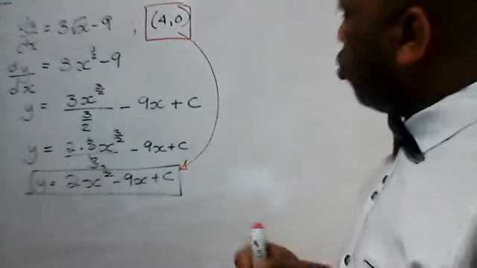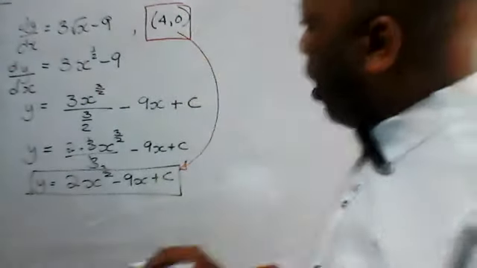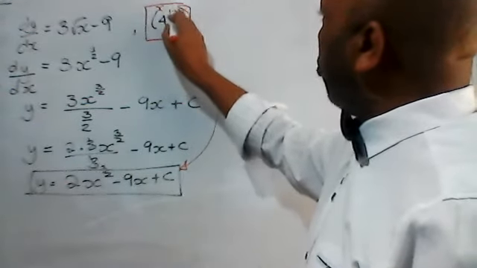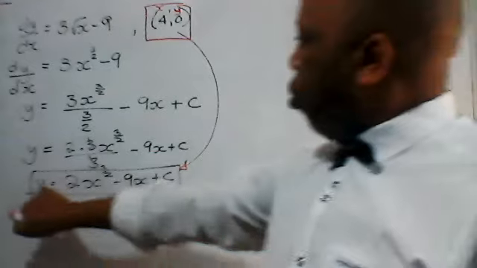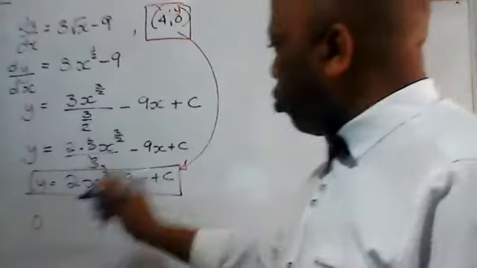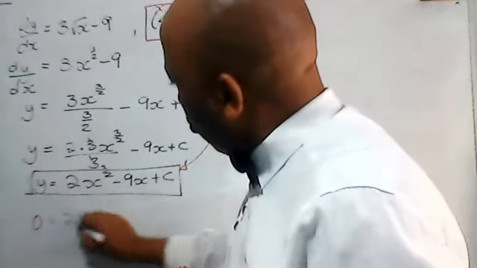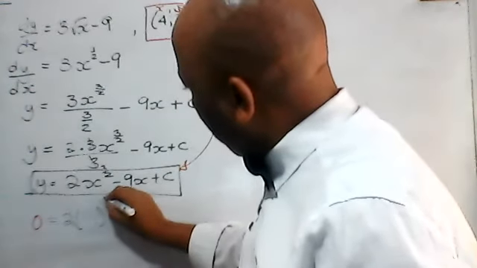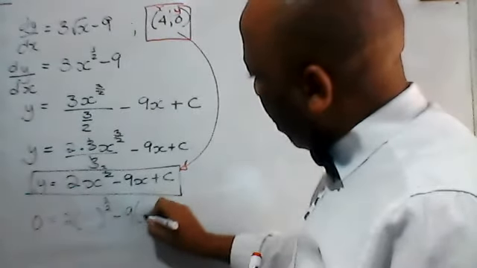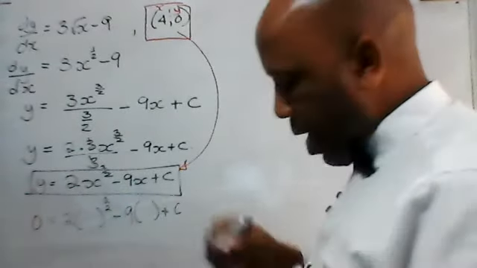So let's do that. We're substituting our (4, 0). x is equal to 4, y is equal to 0. So 0 is equal to 2 times 4 to the power 3 over 2 minus 9 times 4 plus c.